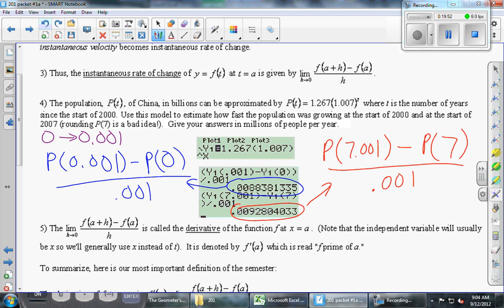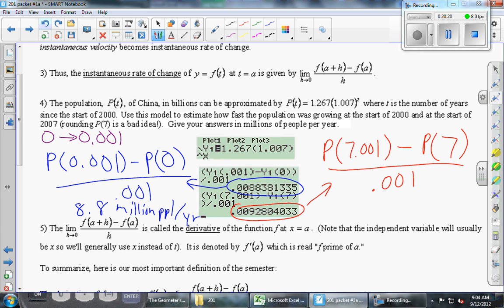So it's billions of people on top per year. So this 0.0088 is billions of people per year, but that's not a very useful number. So how many places do I move the decimal to make it millions per year? So we're going 3 between billions and millions. So that really is about 8.8 million people per year.